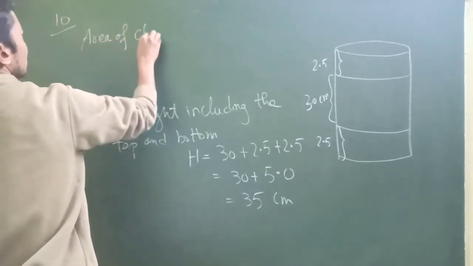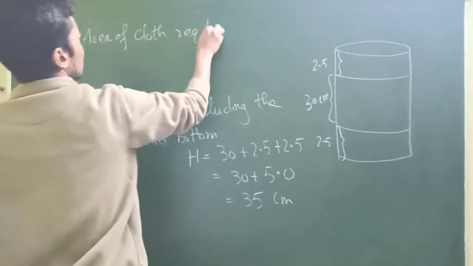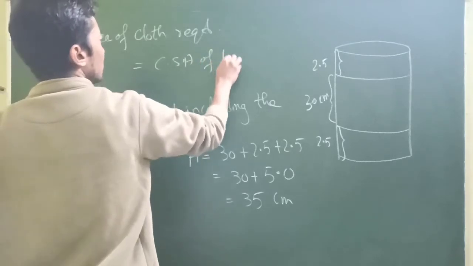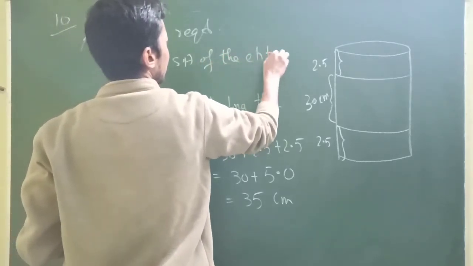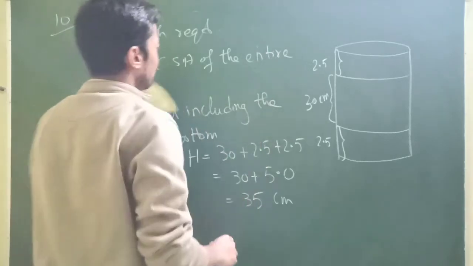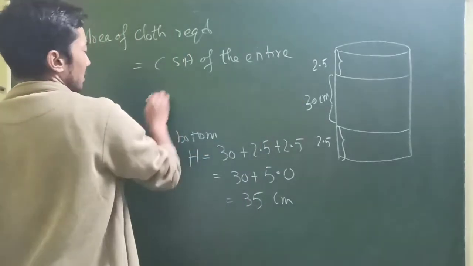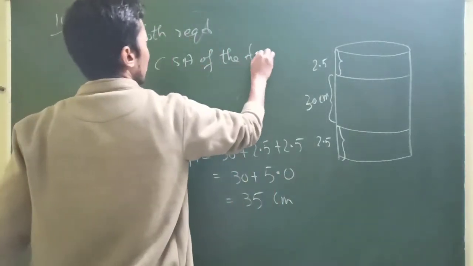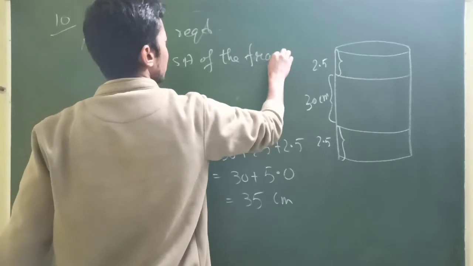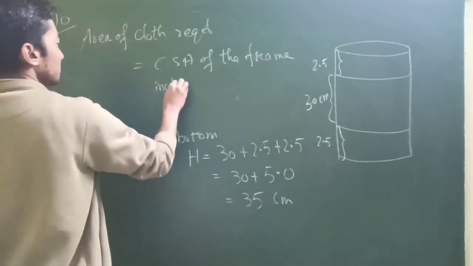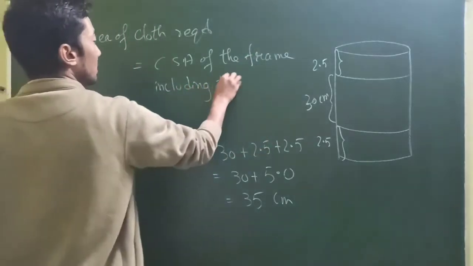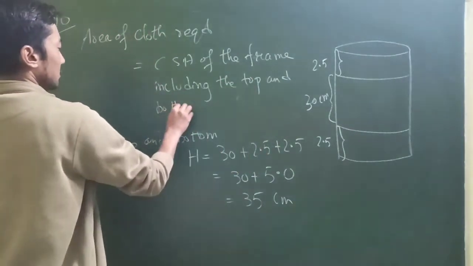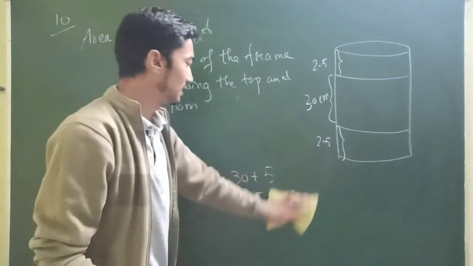Area of cloth required will be the curved surface area of the entire frame, including the top and bottom.